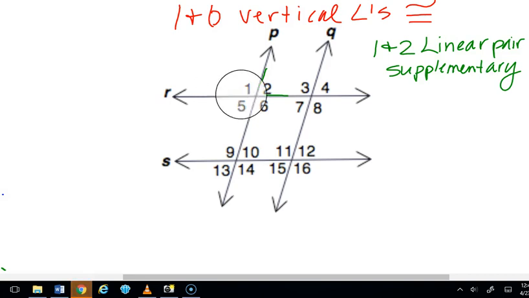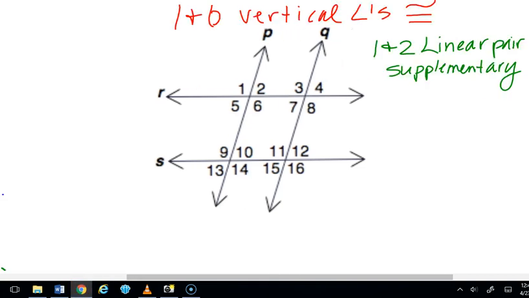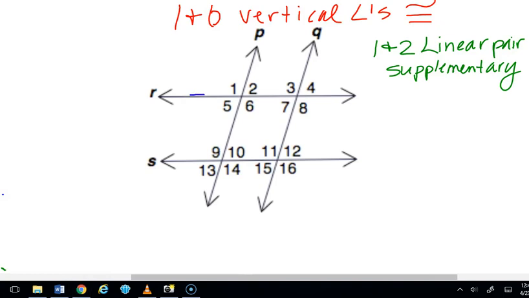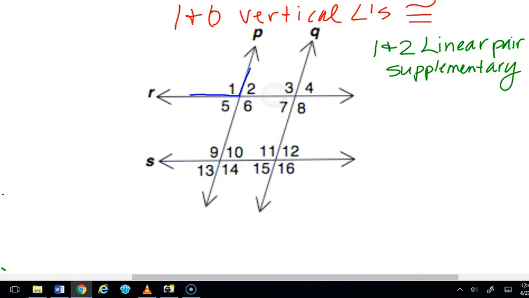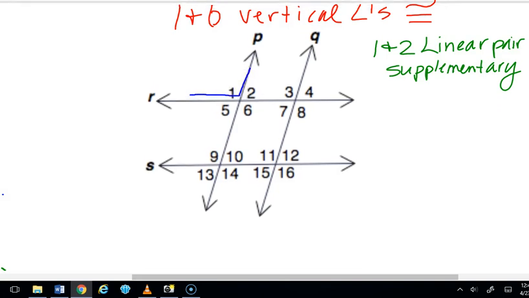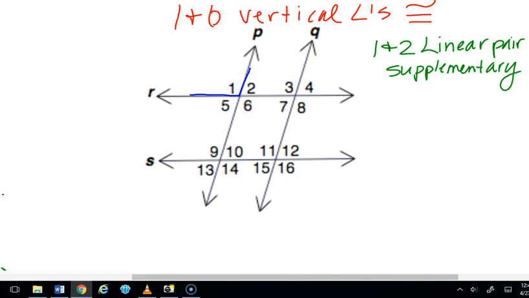Okay, now let's talk about angle 1 and angle 3. Whoops, this thing's not going to cooperate with me. So let me try a different color. I never know when it's going to work and when it's not going to work. So blue, for some reason, has issues. So this one right here, 3. Those are what we call 1 and 3.